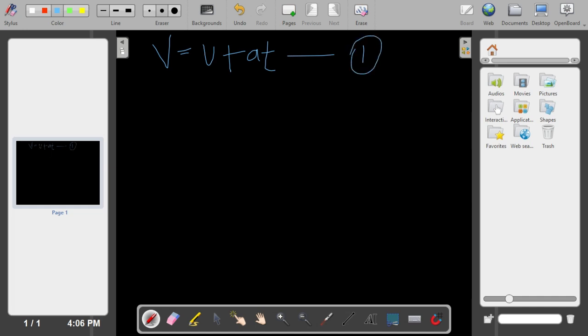Then another one is S equals ut plus half at square.